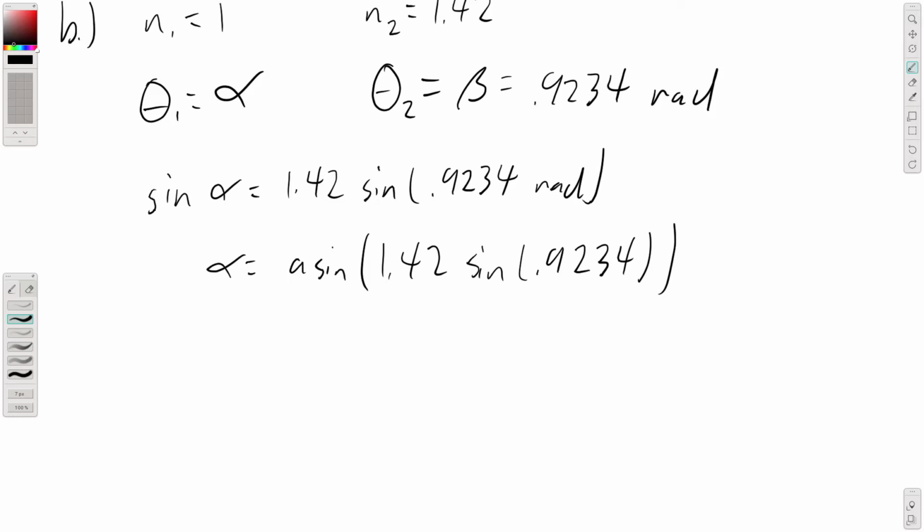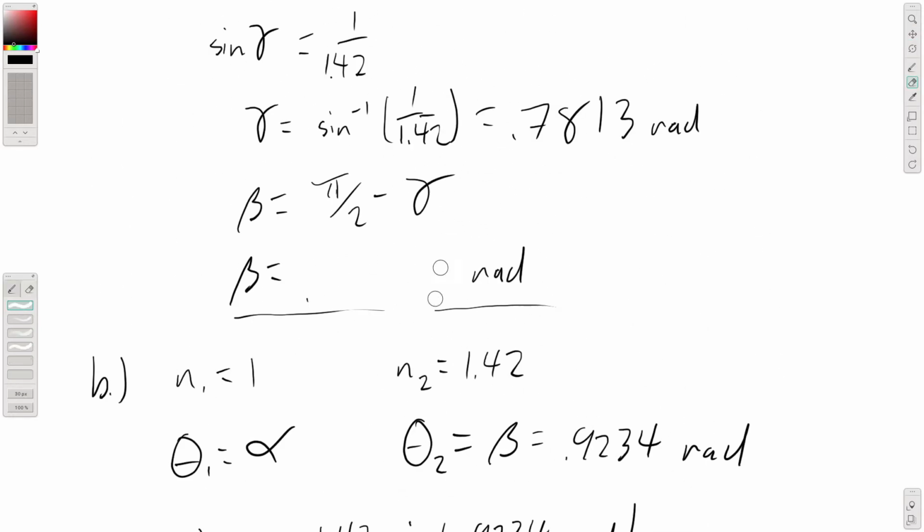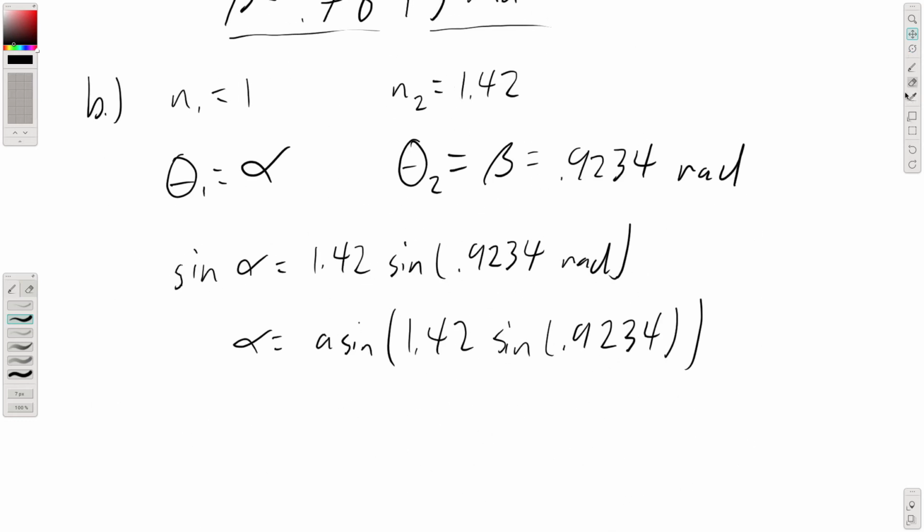He's a cool guy. So it looks like I made a little error in my value of beta. We will correct that. So we notice something interesting here. When we plug this in arithmetically, it's going to give us about 1. It's going to be very close to 1. And we say arcsine, sine inverse, whatever you want to call it, that's asking for the angle when our argument is equal to 1.